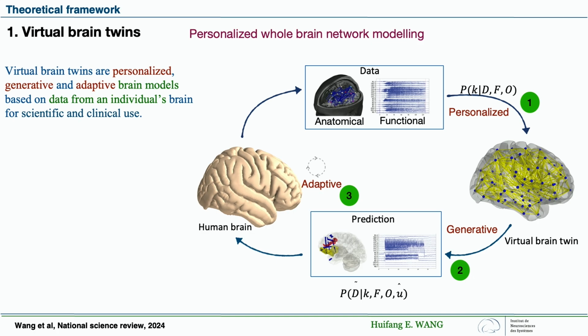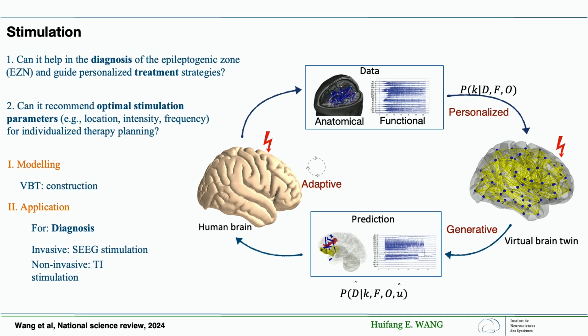And let's go to the stimulation. The typical question we want to pose here is, can virtual brain twins help with diagnosis and treatment? For example, for epilepsy, the diagnosis can be the epileptogenic zone, and the treatment can be to cure the seizure or just reduce the seizure rate. Then, once we achieve the first one, maybe we want to know the best parameters to stimulate.